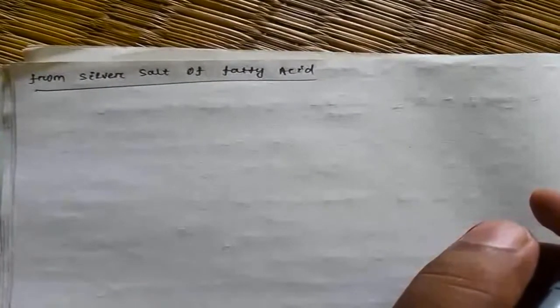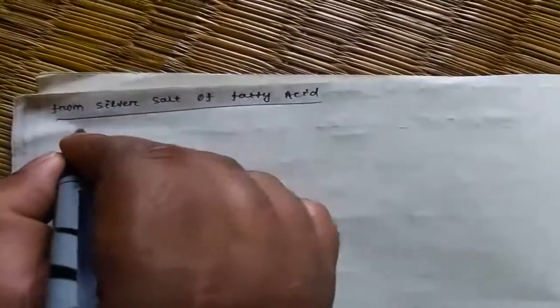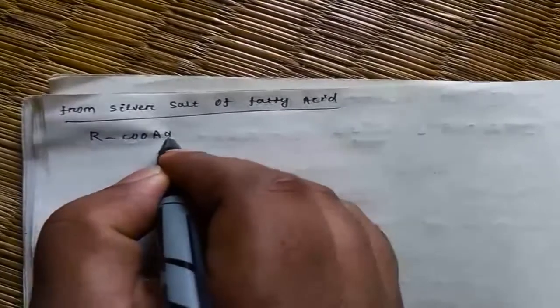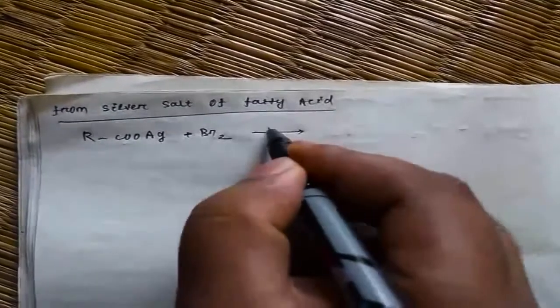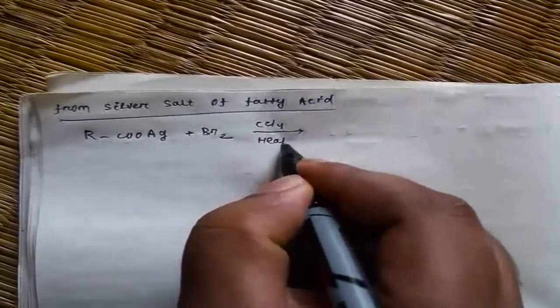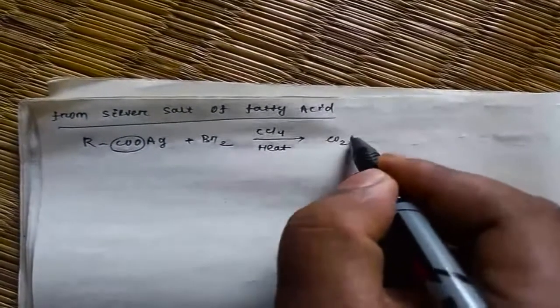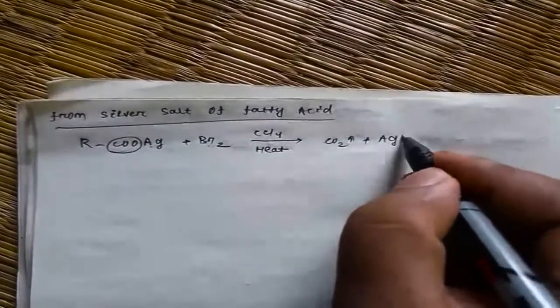Method of preparation of alkyl halide from silver salt of fatty acid. The silver salt of fatty acid, formula RCOOAg, reacts with bromine molecule in presence of CCl4 by heating. So CO2 gas is evolved, Ag and bromine combine to give AgBr.